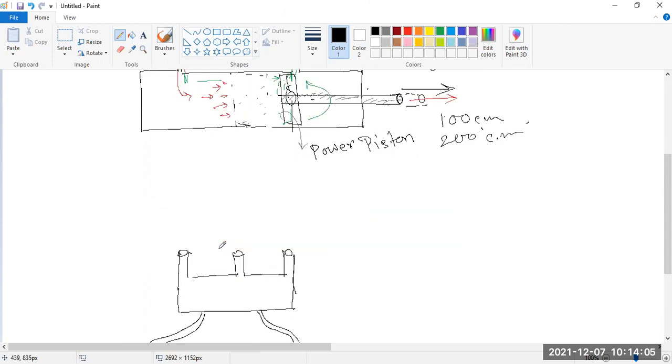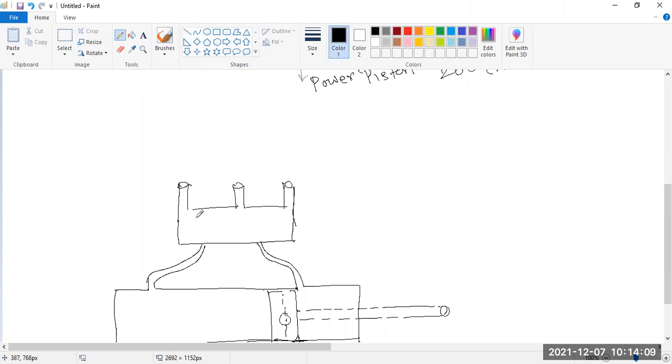So you can draw your spool. It was your previous position.